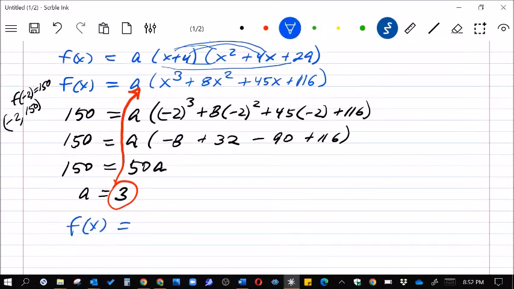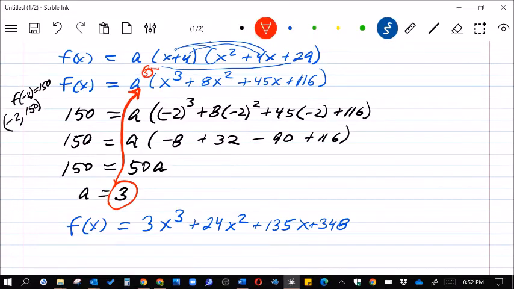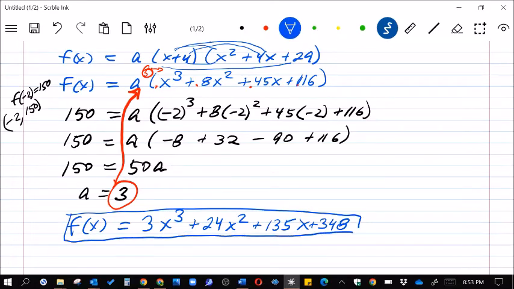F of x is equal, if I have a 3 in here, then that means it's going to be 3 times x squared, or x cubed rather, plus 24x squared, plus 135x, plus 348. And that's for multiplying this 3 into each one of those numbers now. Into here, here, here, and here. So I multiply each one of them. And it gives us the final polynomial of this.